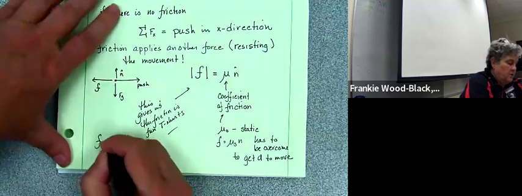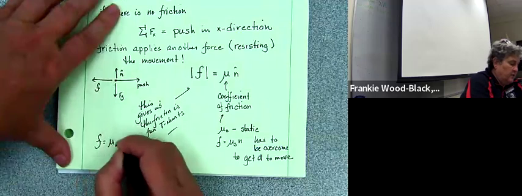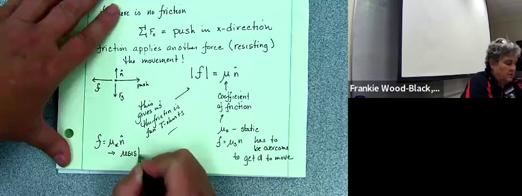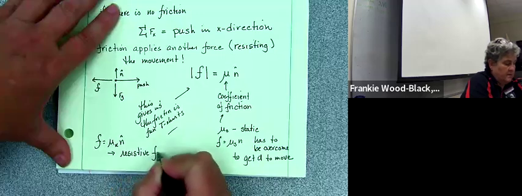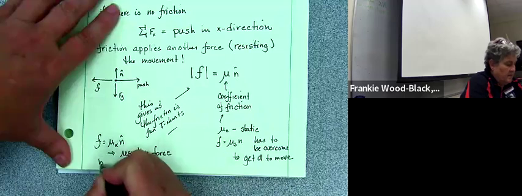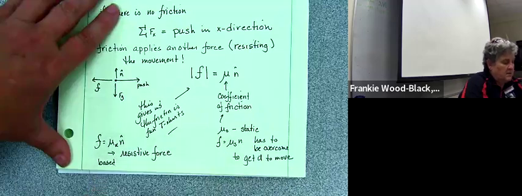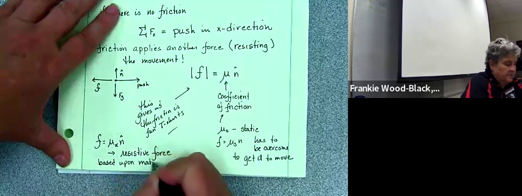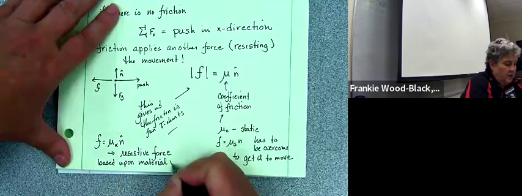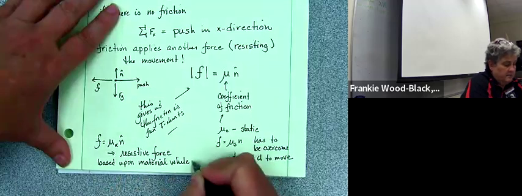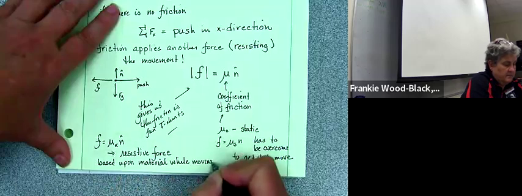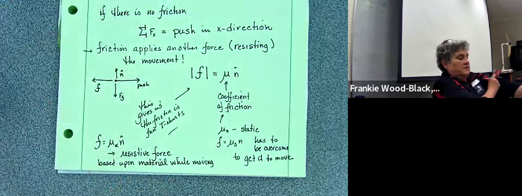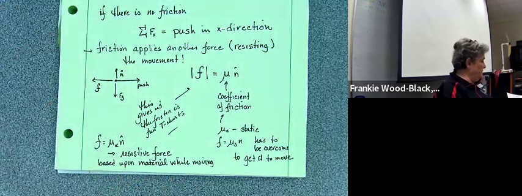Now the coefficient of kinetic friction is the resistive force based upon the material, and it's while moving. So now I got my block with my force due to friction.